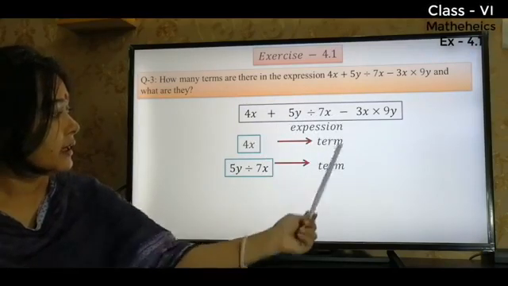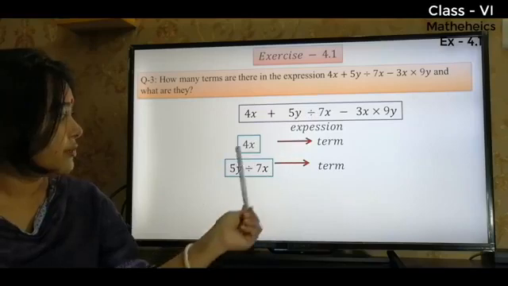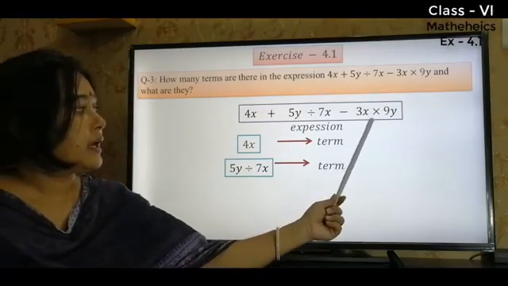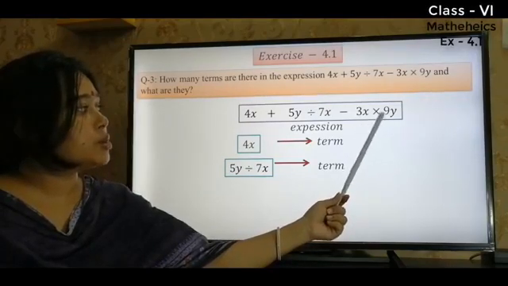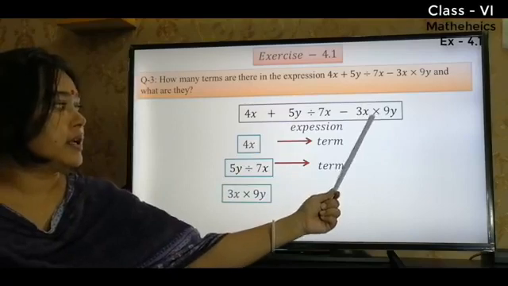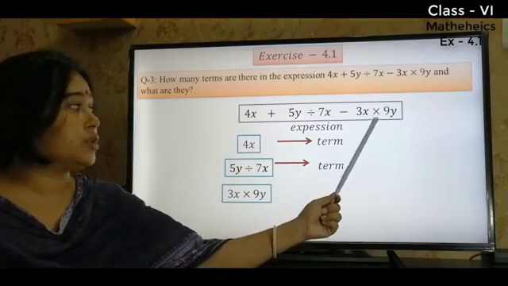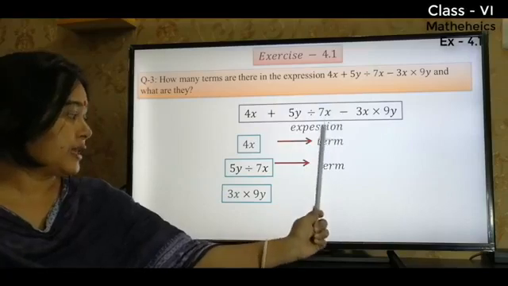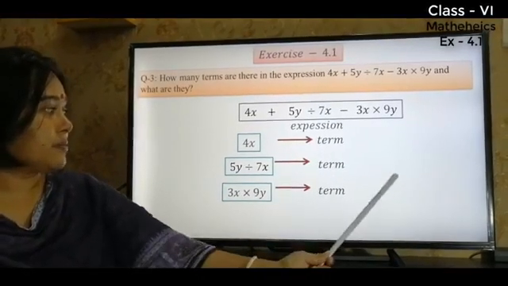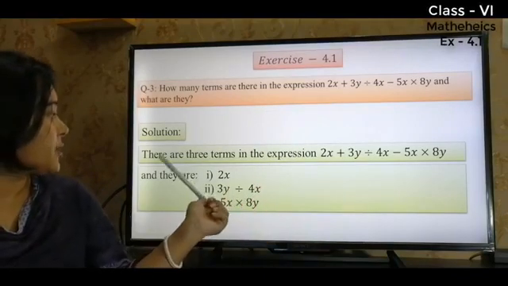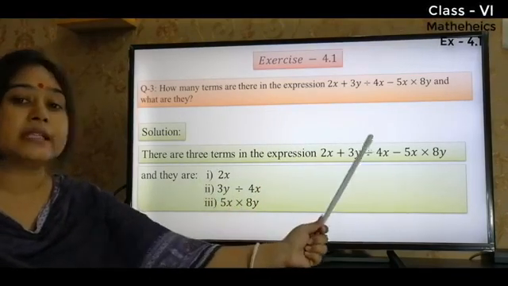And here 5y divided by 7x is also a term, and here 3x into 9y is also a term because here it is a multiplication sign, so this product is linked with the minus sign in this expression. So how many terms are there in this algebraic expression? There are 3 terms in this expression.